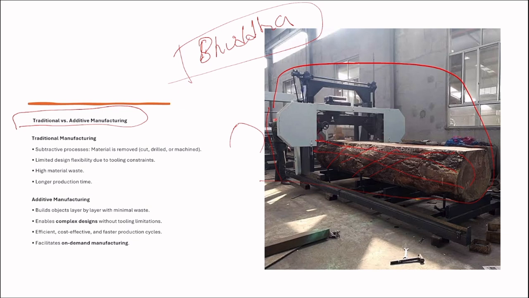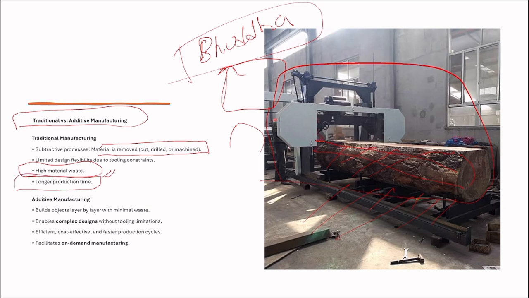I will not draw, you will be afraid again. So imagine now a Buddha sculpture is formed. Now what about the waste material? The remaining wood, everything will be wasted only, no? So that is the traditional process. Material is removed, it can be cut, drilled, machined, anything. So high material wastage will be there, and longer production time, because this would take longer.